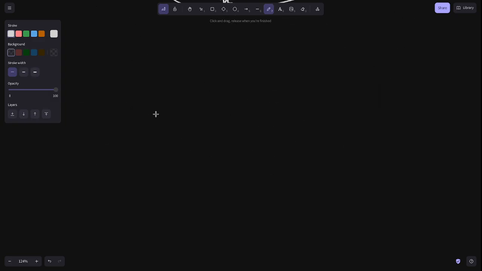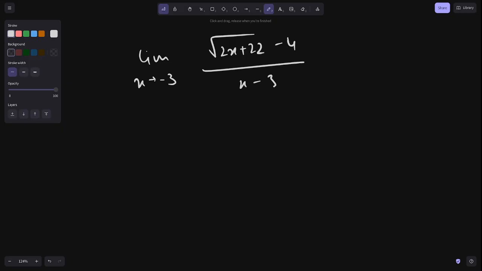Let's solve this. Limit x tends to, you have to tell me what is the formula we're going to use. I have taught you this. The first thing you know is that we cannot put minus 3 here.